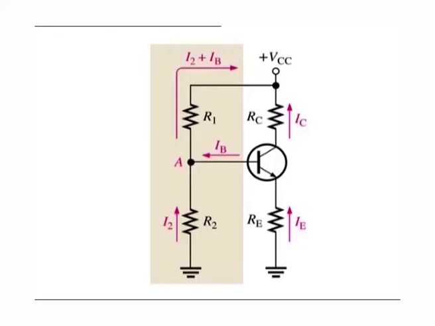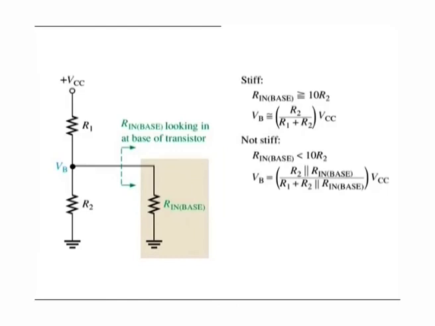So, it will change for different transistors. When a transistor is operating in its linear region, the emitter current IE is beta DC times IB. When the emitter resistor is viewed from the base circuit, the resistor appears to be larger than its actual value because of the DC current gain in the transistor. The effective load on the voltage divider is given by this formula.